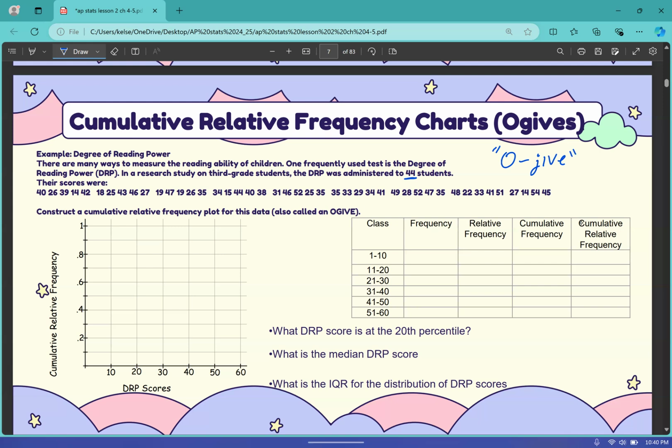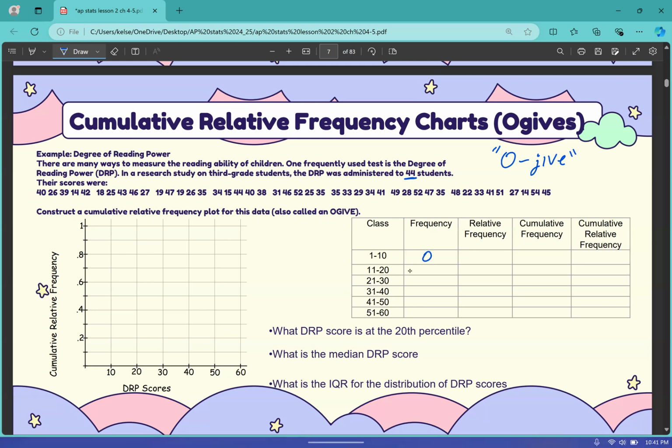The first thing we need to do is do some tally marks so we can get the frequency. I'm just going to copy the ones that I have down, and you guys know how you could do that. From 11 to 20, you should have 6 tally marks.